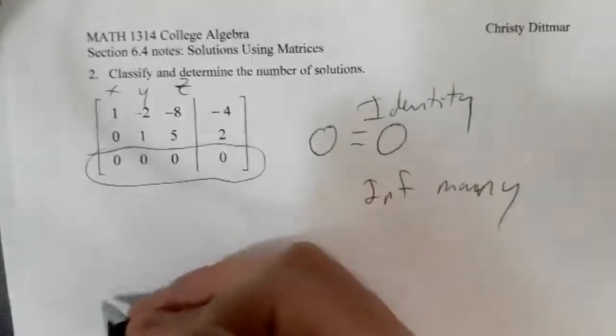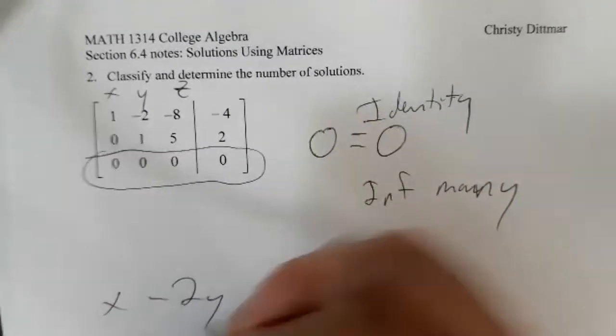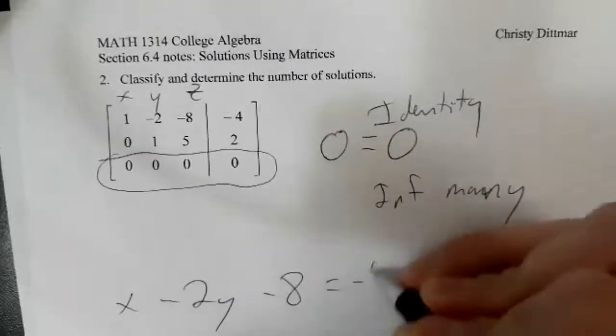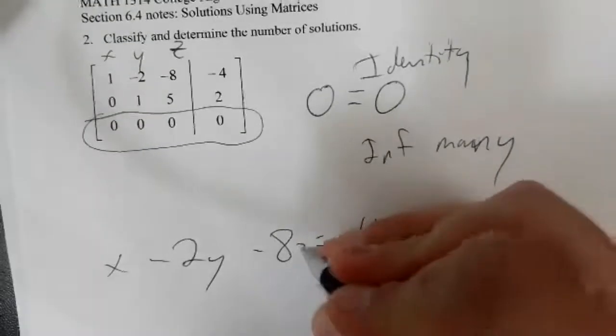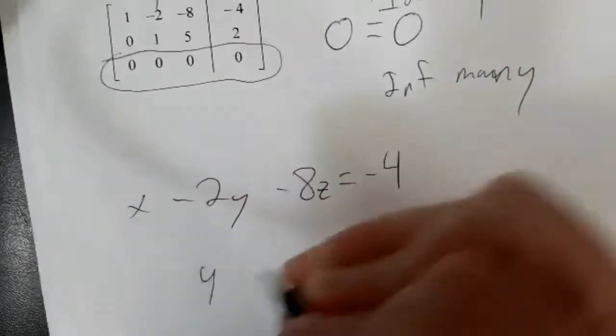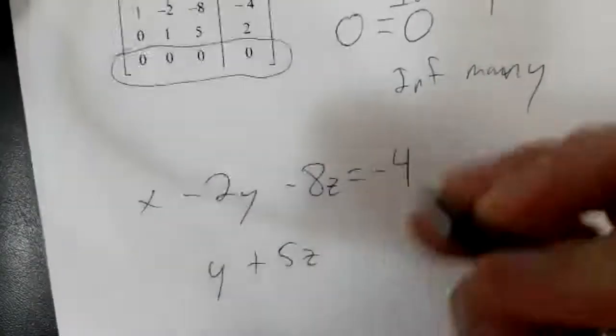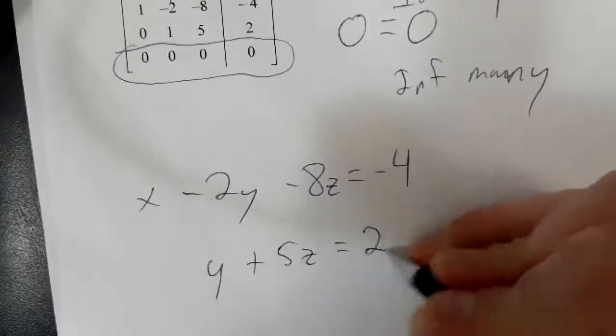So this looks like x minus 2y. And I have another one. Ooh, what's my z there? I have another one that looks like y plus 5z equals 2.